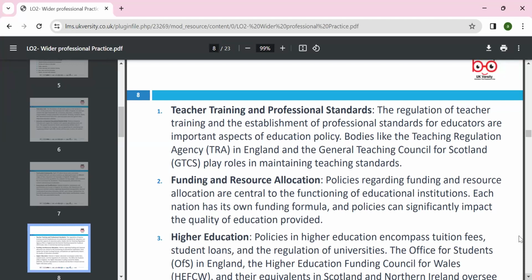TRA, the Teaching Regulation Agency, and GTC, the General Teaching Council, play a role in maintaining teaching standards. That's why if you want QTS or QTLS, your reflections, training records and all your CPD records need to be submitted accordingly, and the policies are in place.